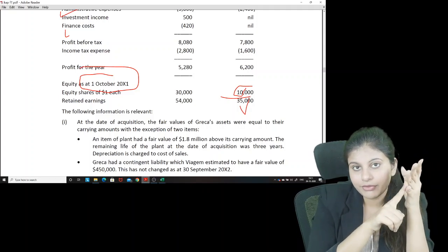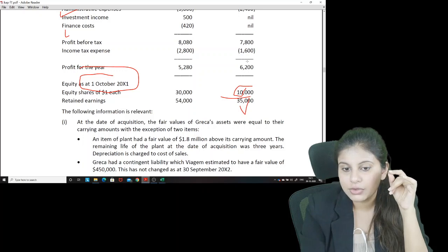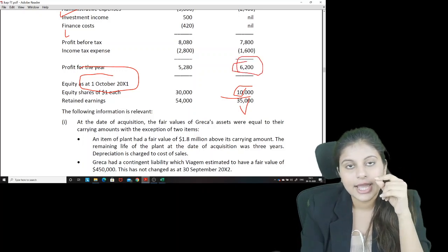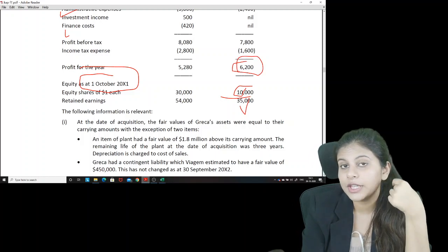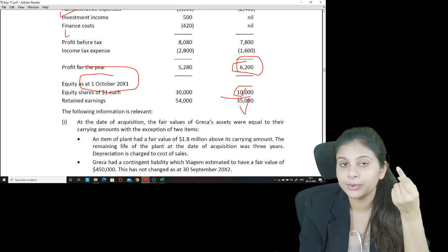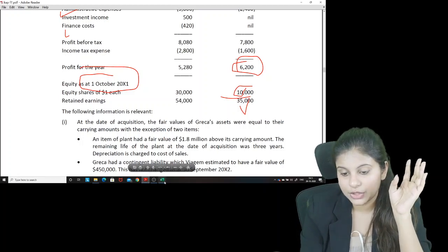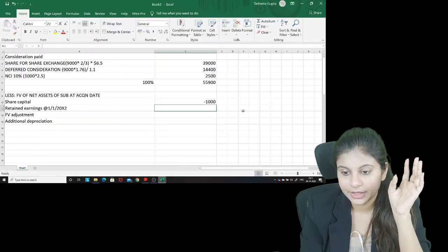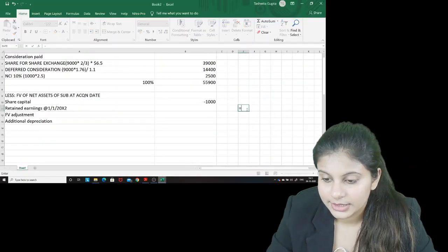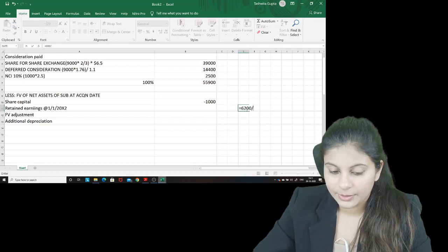So what is the profit for these 3 months? We'll see the profit for the year is 6200. And what will be the profit if we evenly accrue it? So 6200 divided by 12 into 3. That will be your profit for 3 months. So let's just do it quickly here. 6200 divided by 12.